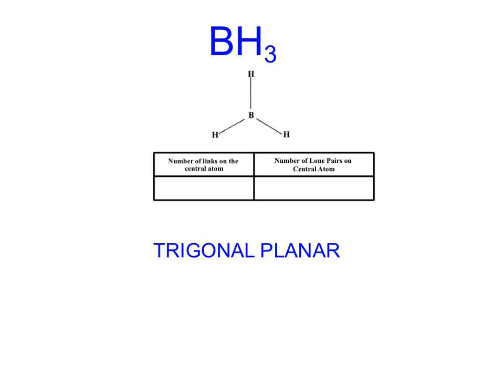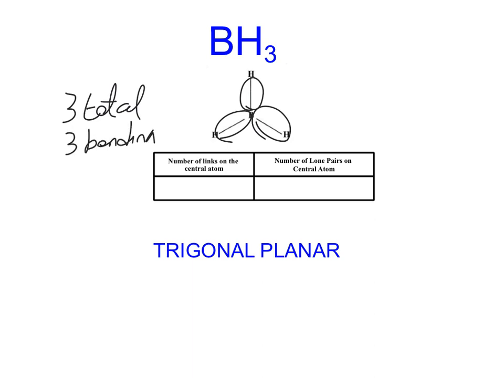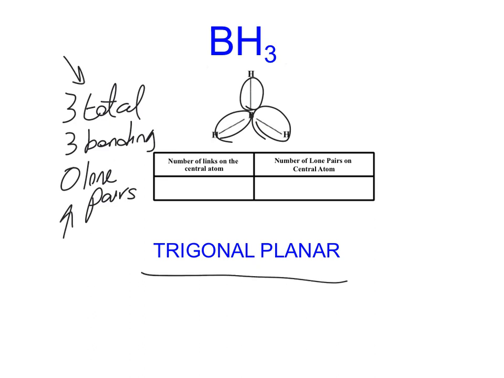All right, here's BH3. We look at the center atom. We got B. We got 1 area, 2 areas, 3 areas total. And of those 3 areas, 3 are bonding, and none of them are lone pairs. So if we look at that first table at the beginning of our video, or on the second page of our notes, this 3 total with no lone pairs spits out the trigonal planar result.